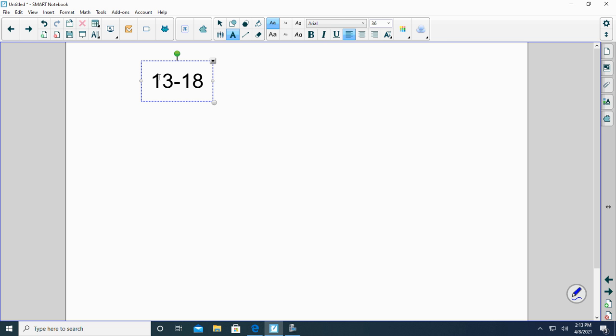Just take a look at the graphs, what they would look like. Take a look at 13 through 18 using Desmos. Make sure you familiarize yourself with the graph. And we'll do it again in a few minutes.